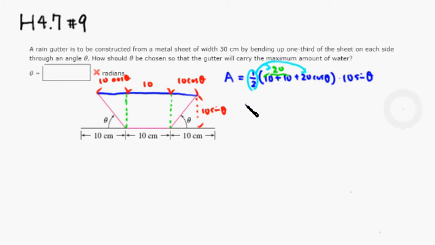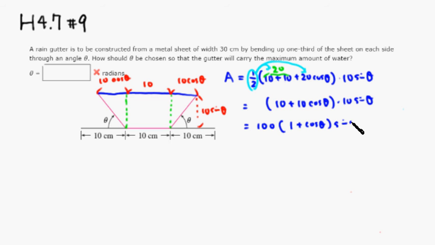We will get 10 plus 10 cosine of theta, times 10 sine of theta. So pull out 10 from here, 10 from there, so it's going to be 100, and then you have 1 plus cosine of theta, times sine of theta.